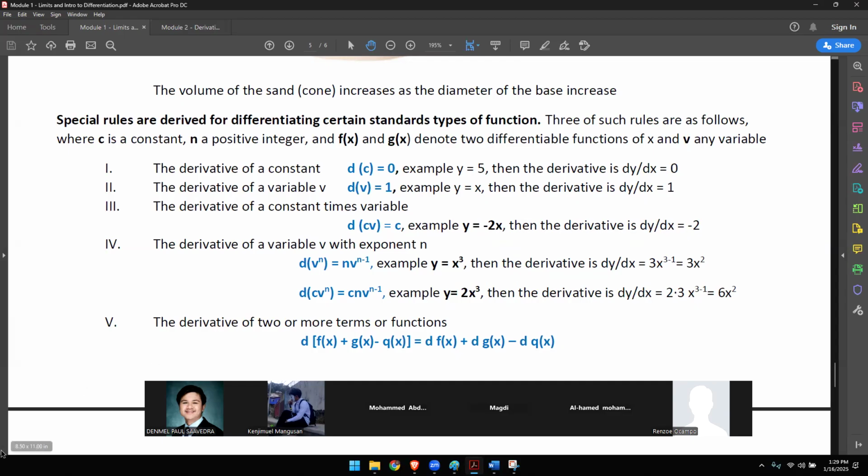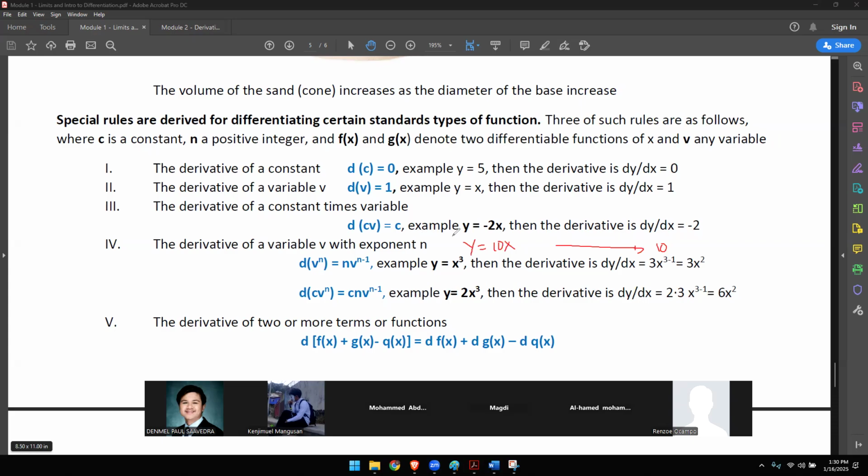Another example is y is equal to 10x. If this is y, the other one should be x, because it's dy dx, change of y over change of x. So this one is equal to positive 10. In constant times variable, it's like removing the variable.